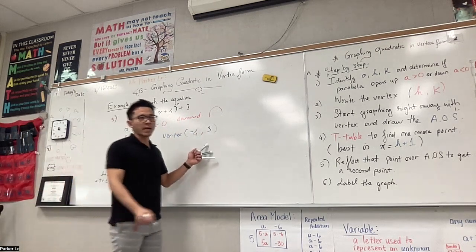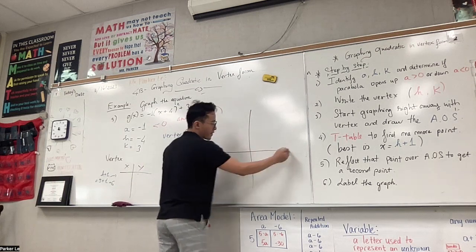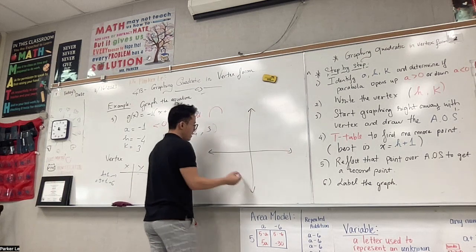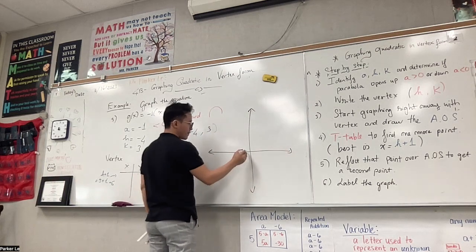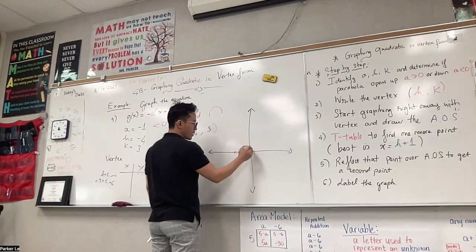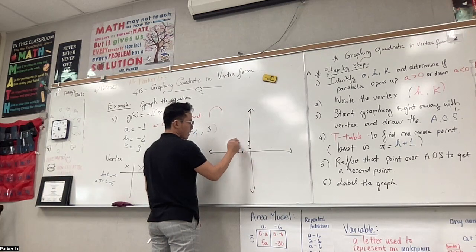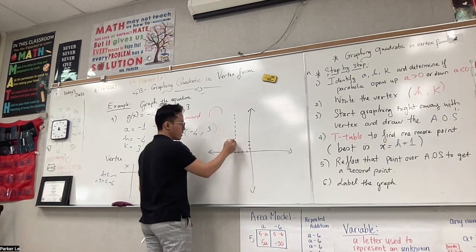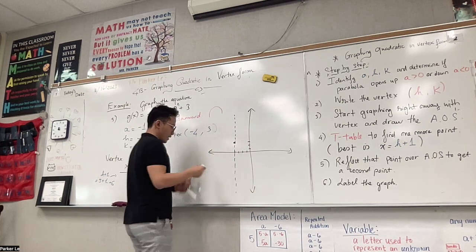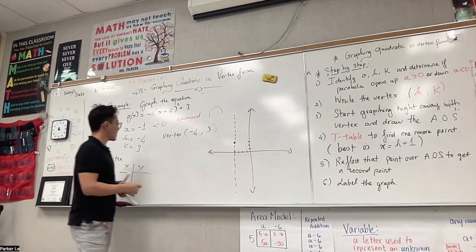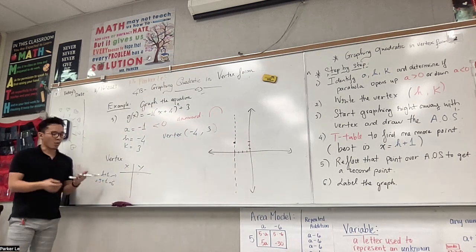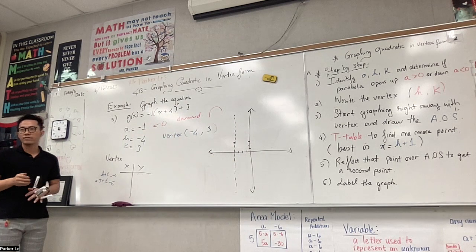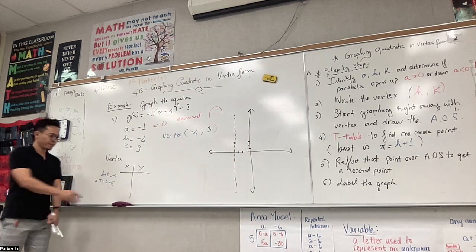When you know the vertex, you can start graphing. Very good. -4 and 3. -4, 1, 2, 3, 4, and 3, 1, 2, 3. So I'm right here. Okay, that's the vertex. When I know the vertex, I can draw the AOS as well. That's the AOS. Okay. Now what is the best x for my extra point?